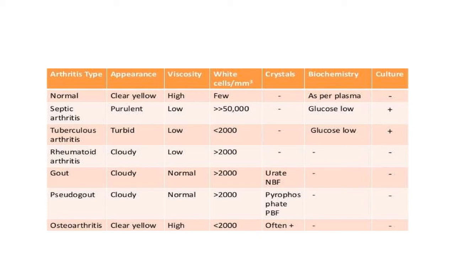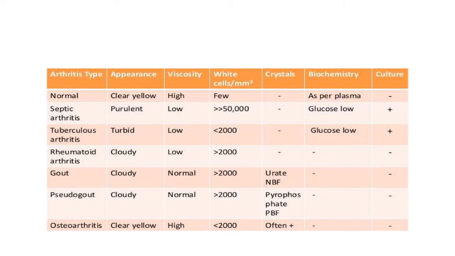In gouty arthritis, the appearance would be cloudy, viscosity will be normal, and white cell count will be 2000. Same would be for pseudogout, and the only difference between gout and pseudogout would be the change in crystals.